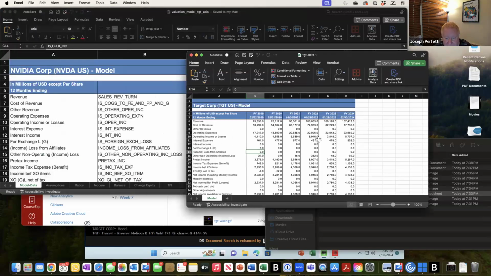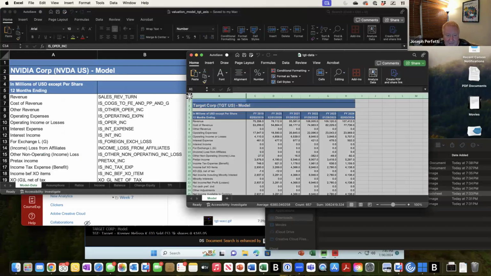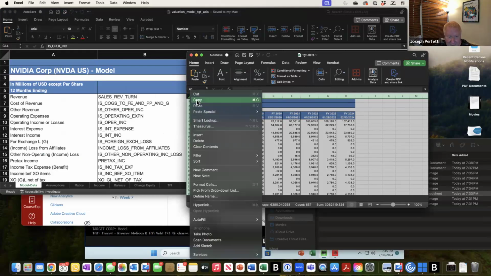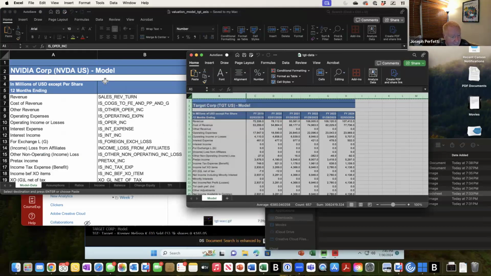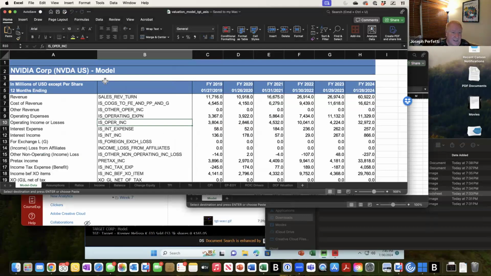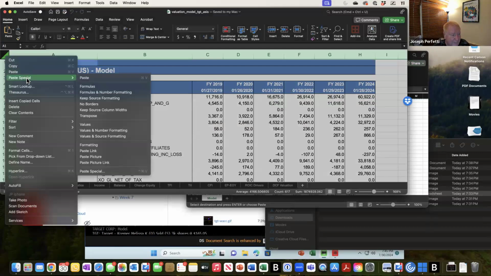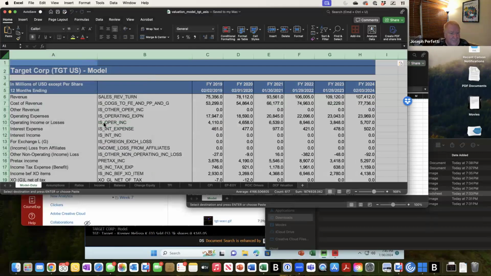Okay. So what we're going to do is we're going to take this data file for Target, select it in the upper left-hand corner, whole worksheet. We're going to copy it. We're then going to go back to our previously NVIDIA model, now our target model. We're going to select this whole first tab here. We're going to right click, paste special values. Okay. Don't copy paste.